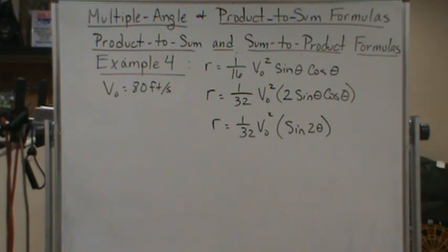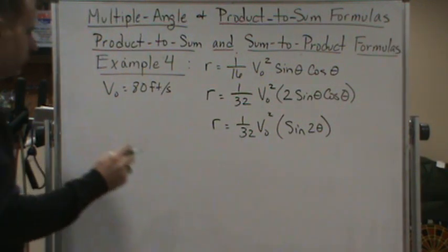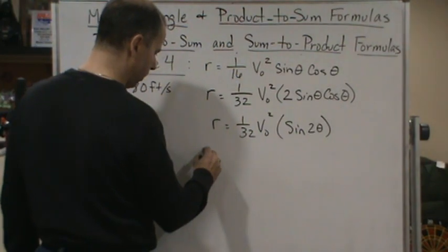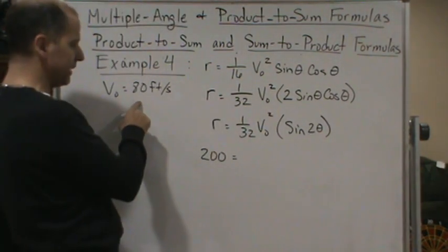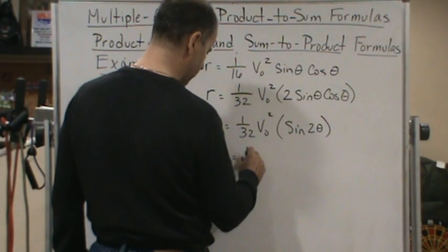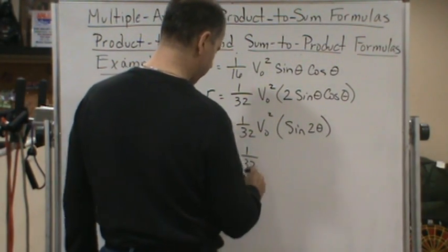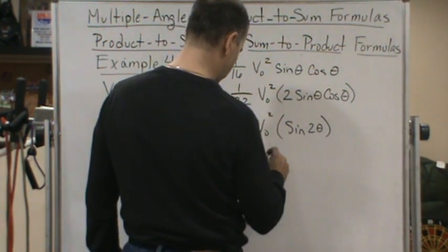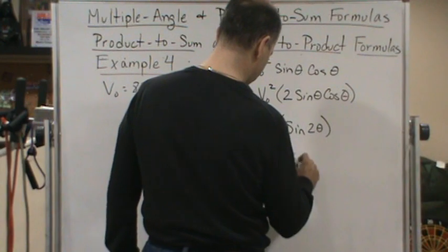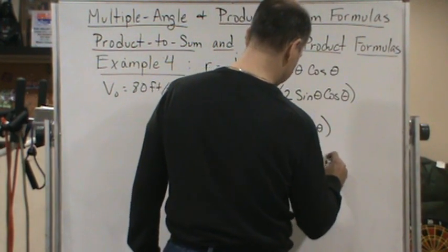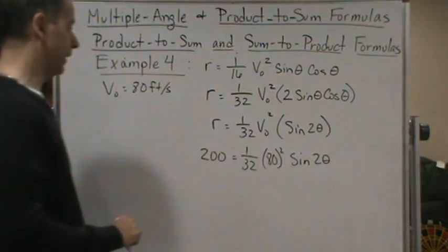Now it says B, at what angle must the player kick the football so that the football travels 200 feet? So now we want the ball to travel 200 feet, so that's 200. And we know the initial velocity is 80 feet per second, so we're going to do 1/32 times 80 squared times the sine of 2 theta.